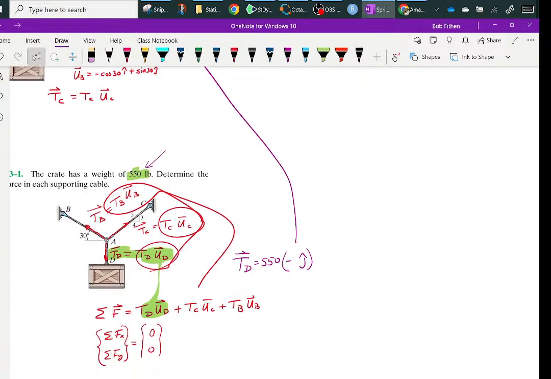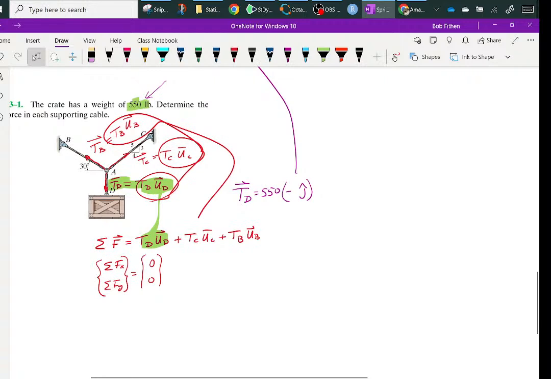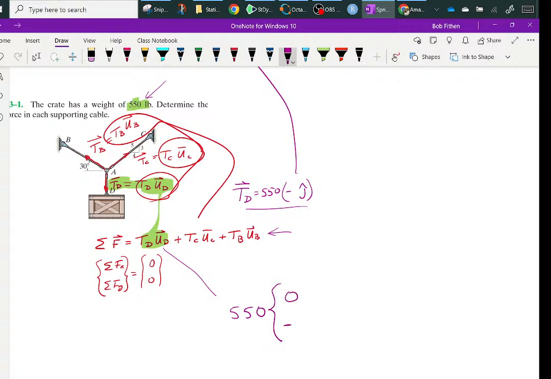Now, if I look at this equation then, here's what I see. I'm going to write this in a standard form. Here's what I'm going to do. I'm going to take this vector and write it. So I'm going to take out the 550, and I'm going to put it in as a vector. It's going to be 0 in the x and minus 1 here.